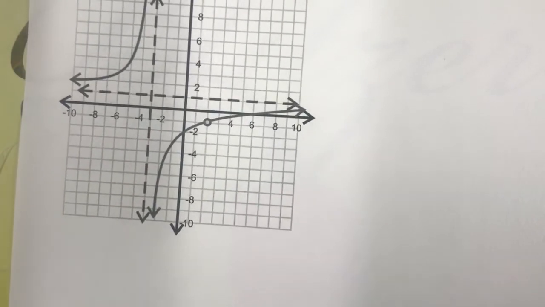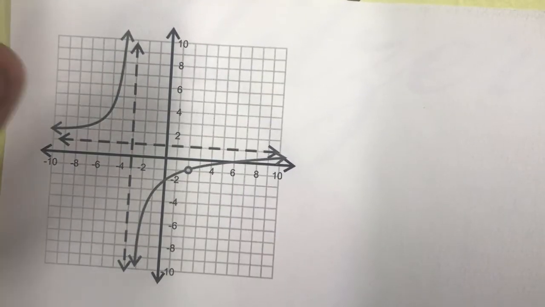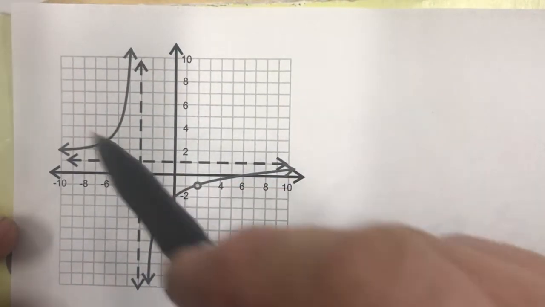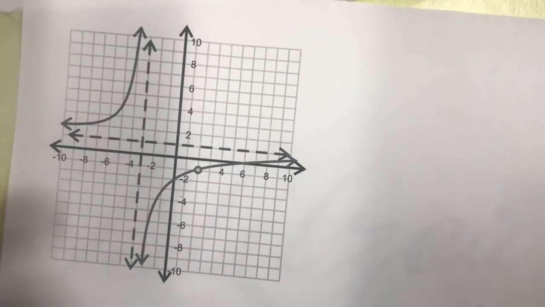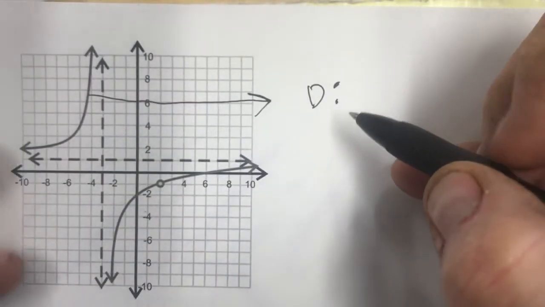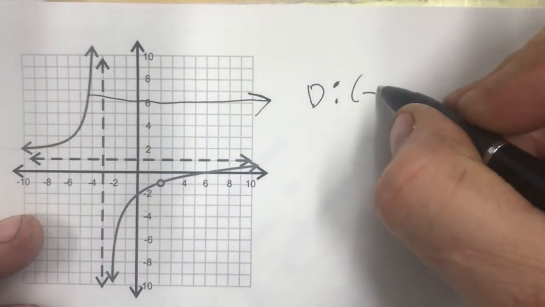Okay. Now, lastly, we've got the reciprocal function or the rational function. It doesn't take you long to realize that this has 2 parts, which means we have to do our domain and our range in 2 parts. As I do this part right here, my domain, you can see as this thing goes that way, it goes to the left forever.